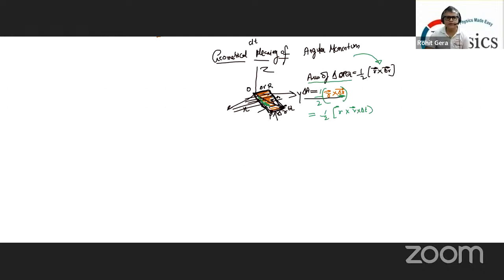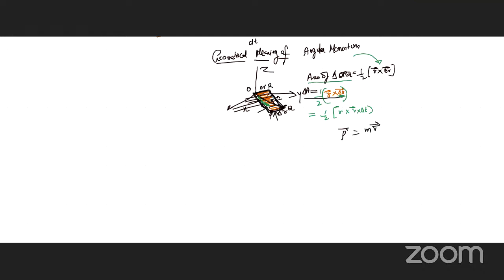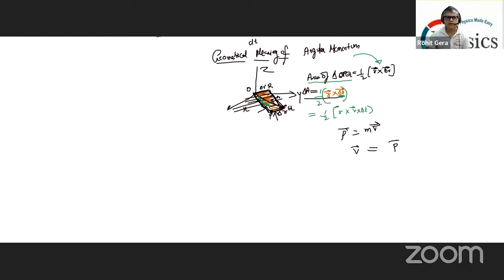Now you know P is given by M into V, which we already know. Velocity can be written as P by M, and therefore the area of the triangle becomes half R cross P by M into delta T. And delta T is a number, so I will take it to the other side.